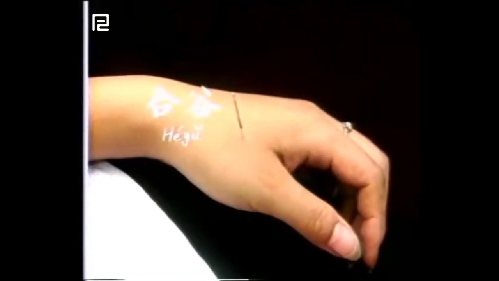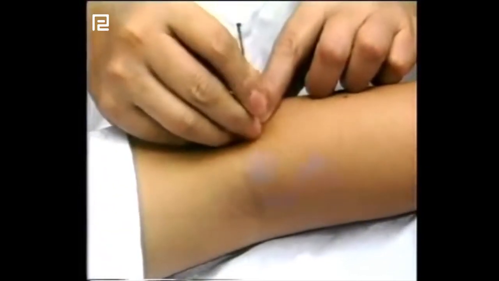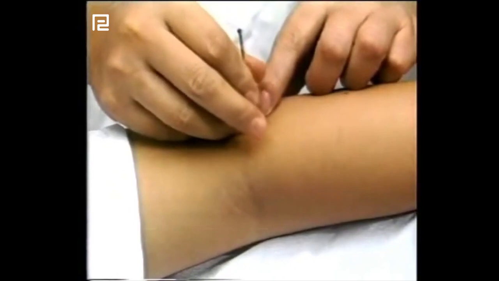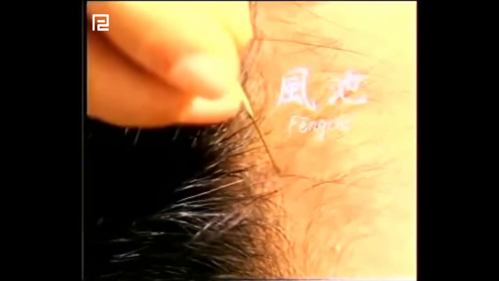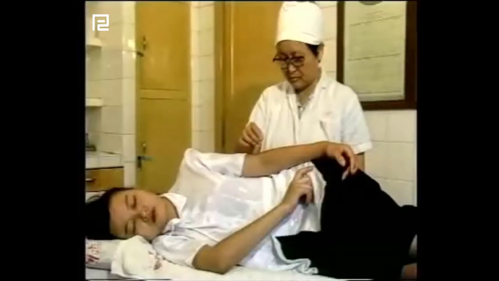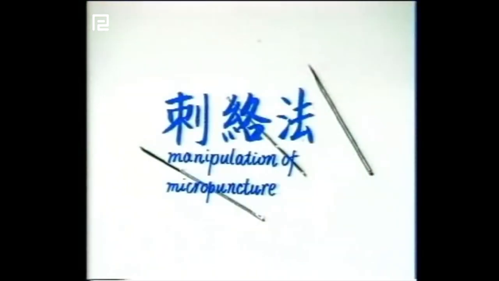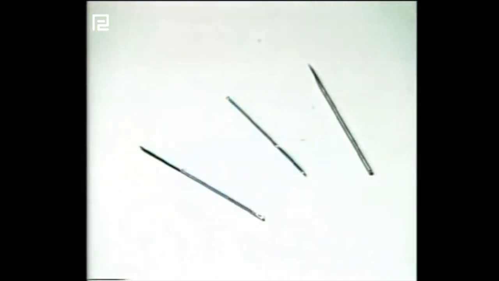Select Hegu, Quchi of the hand Yangming meridian respectively, puncture 0.5 to 1 cun perpendicularly to expel exogenous pathogenic factors and clear heat. Fengchi is punctured 1 to 1.5 cun obliquely to disperse wind and expel exogenous pathogenic factors. Reducing technique is used 1 to 2 times a day.